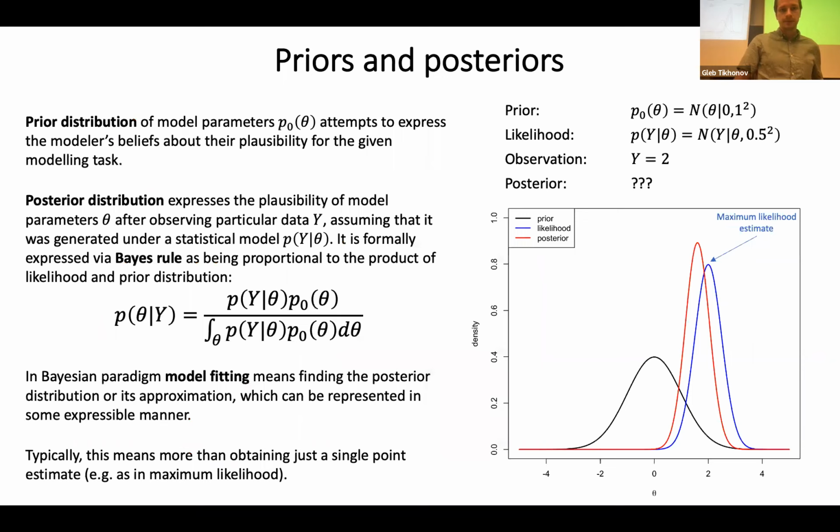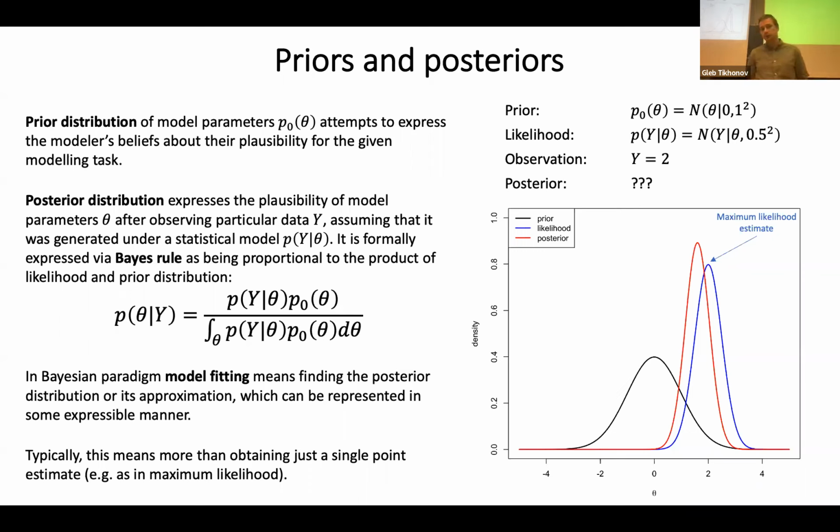Okay, let's proceed further. The next terms which appeared during lectures are the priors and posteriors. And these are the fundamental terms in Bayesian statistics. So the prior is a distribution of model parameters, P0 of theta, which attempts to express the modeler's belief, before he or she sees any data, about the plausibility of these models for the given modeling task and for the given application.